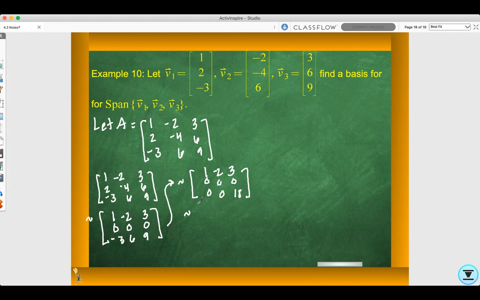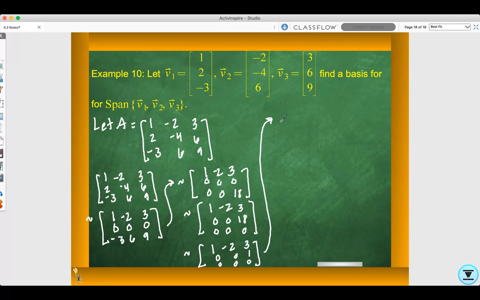And then I can switch row 2 and row 3. And then I can divide row 2 by 18. So let's divide row 2 by 18 first. And then I can take -3 row 2 and add it to row 1.